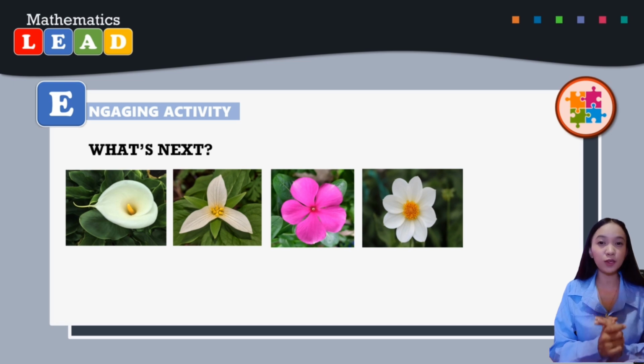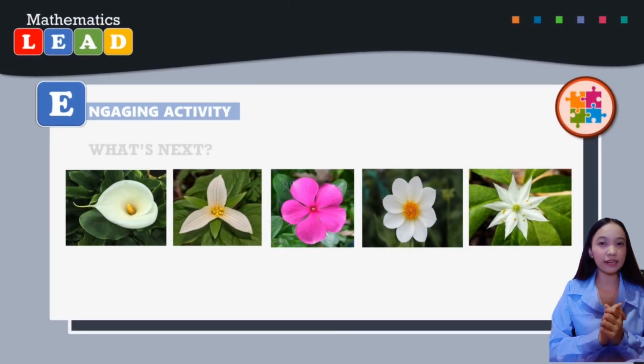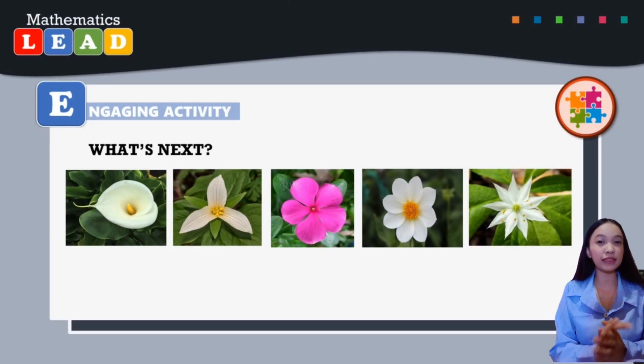On our second figure, a flower with 3 petals. On our third figure, a flower with 5 petals. And a fourth figure, a flower with 7 petals. So, what will be the next figure? Okay, very good. Our next figure is a flower with 9 petals.